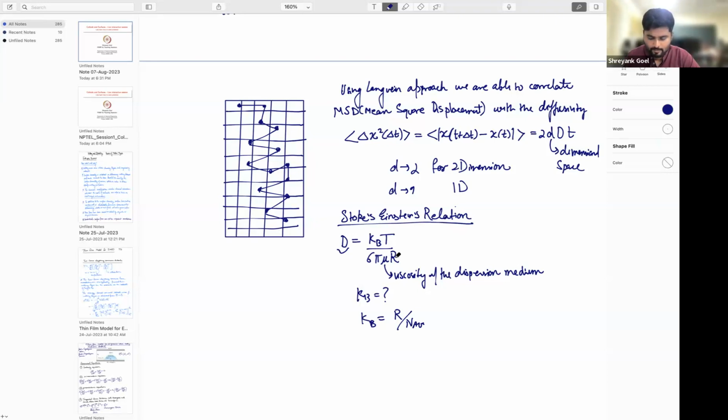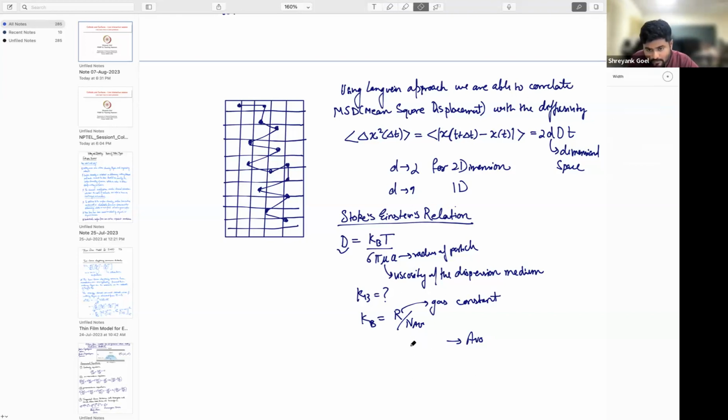This r is the radius of the particle, or I can say this a. And this R is the gas constant. So Perrin was able to calculate this. Perrin's spelling should be correct.